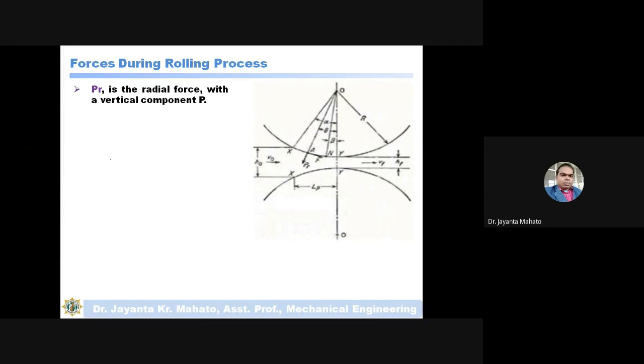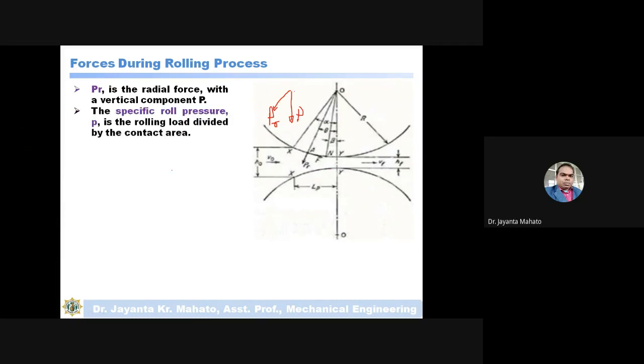PR is a radial force with a vertical component P. This P is the vertical component of the PR force.